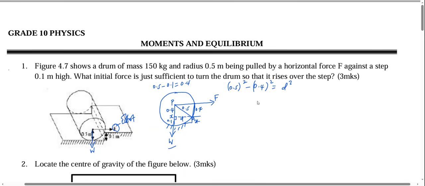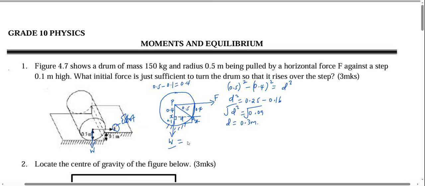This gives us D squared being equal to 0.25 minus 0.16, resulting in D squared being equal to 0.09. Then take the root of both sides, and our D is 0.3 meters.